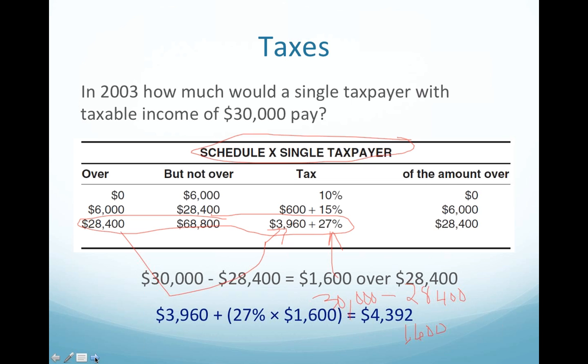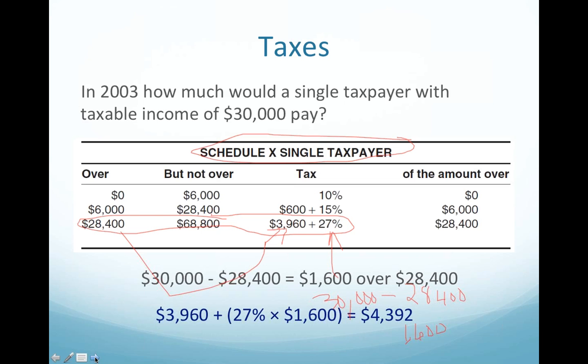And so when we add the two together, we come up with $4,392. Now our tax system is a progressive system. It's not a flat rate. So the more money you make, the higher your tax rate goes. I think it progresses all the way up to like 39% or something like that.